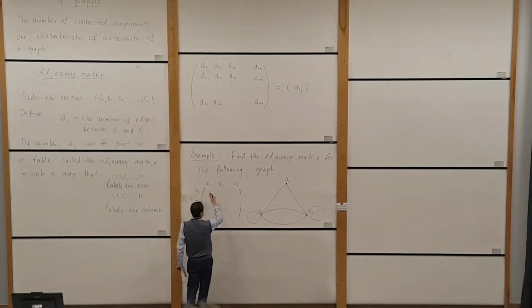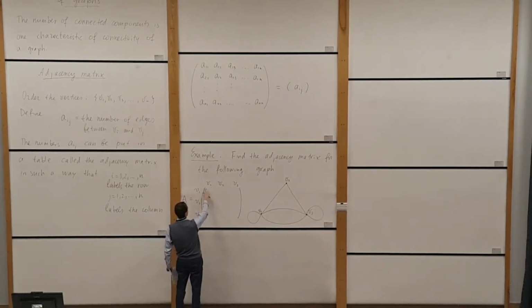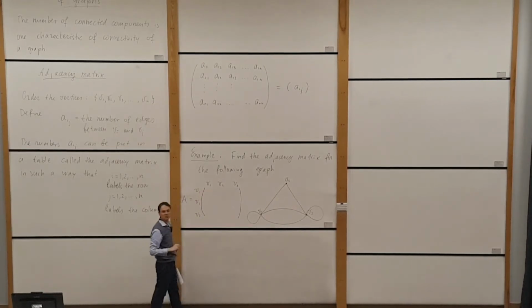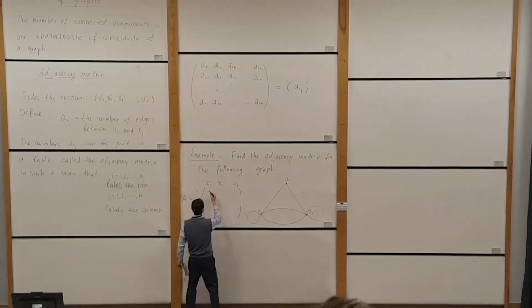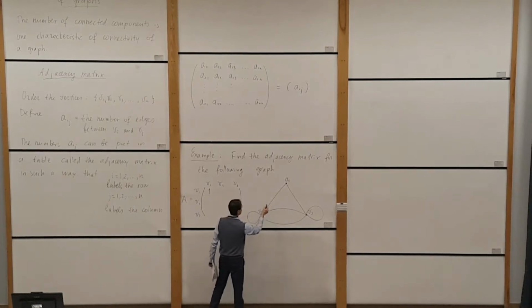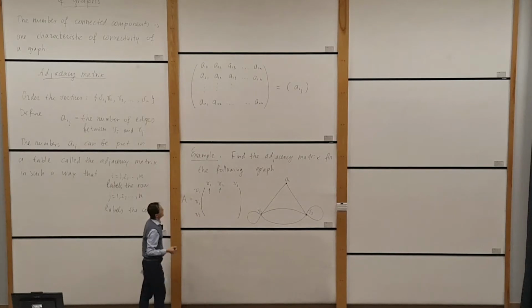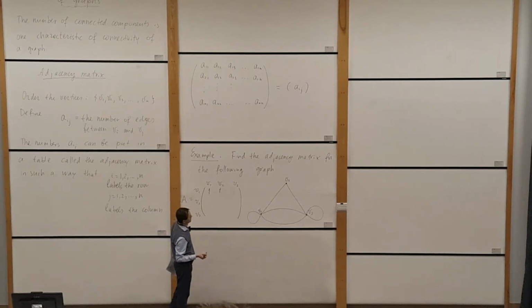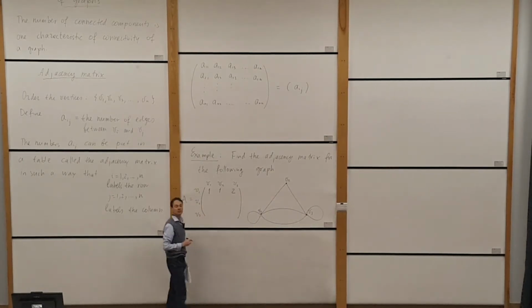And now we can fill in the table row by row. In the first position, corresponding to the row labeled V1 and the column labeled V1, we should put the number of edges between V1 and V1. There is one loop, so I put 1 here. Between V1 and V2, there is a single edge, so I put 1 here. And between V1 and V3, there are 2 edges, so I put the 2 there.